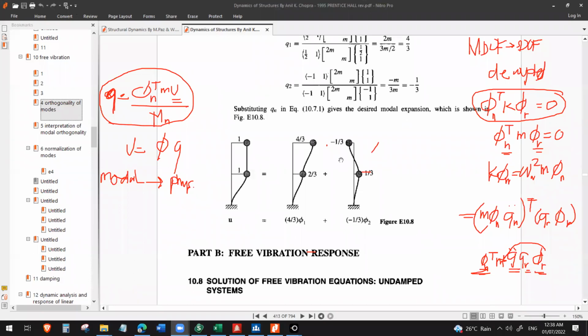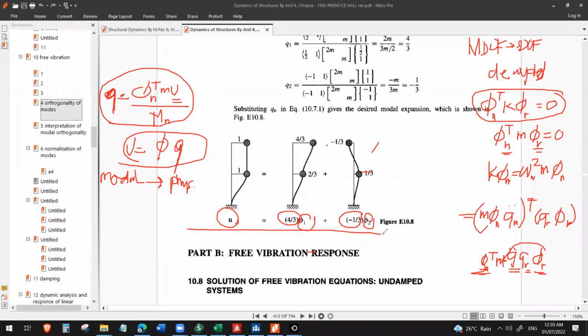So U, the physical coordinates, is phi, the eigenvector for the mode shapes, and then the Q that we got, 4/3 and negative 1/3.